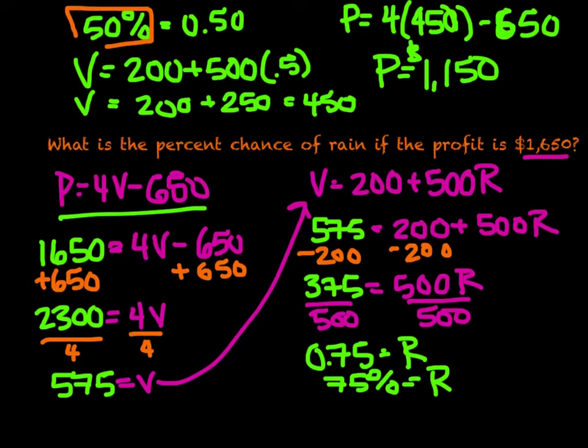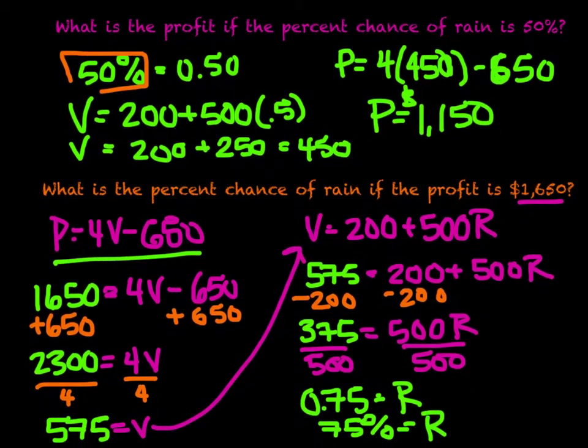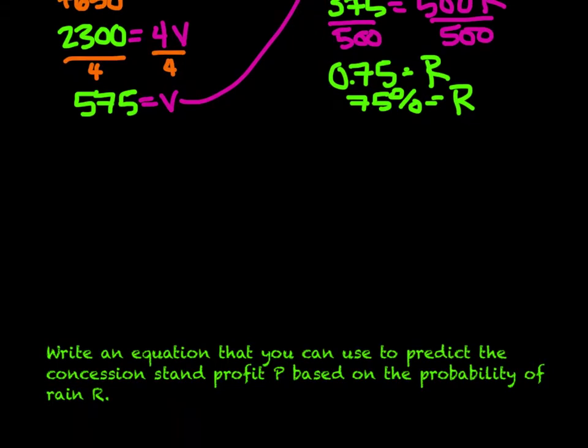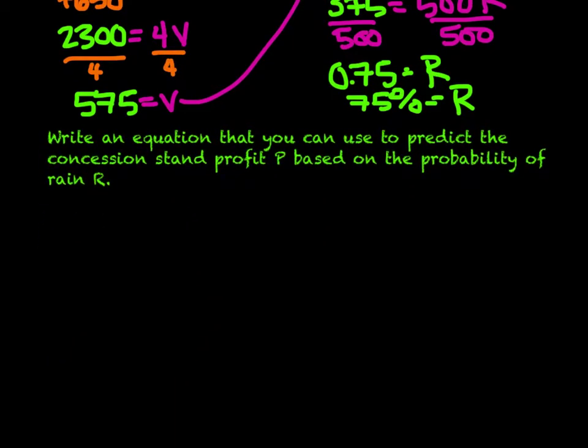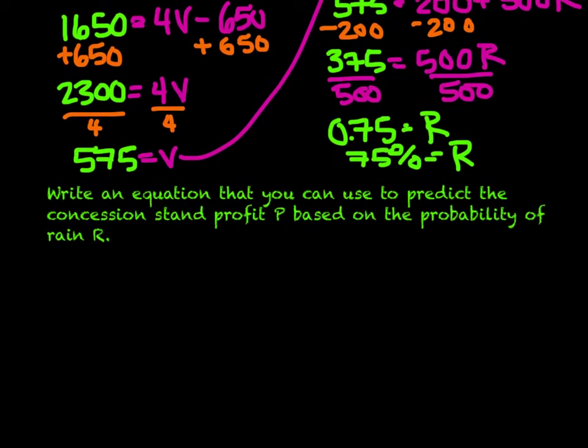Last question on this. We've manipulated some equations, so we've played around and figured out how to get profit versus percent chance of rain, and now percent chance of rain versus profit. Here's our last situation. Write an equation that you can use to predict the concession stand profit based on the probability of rain.